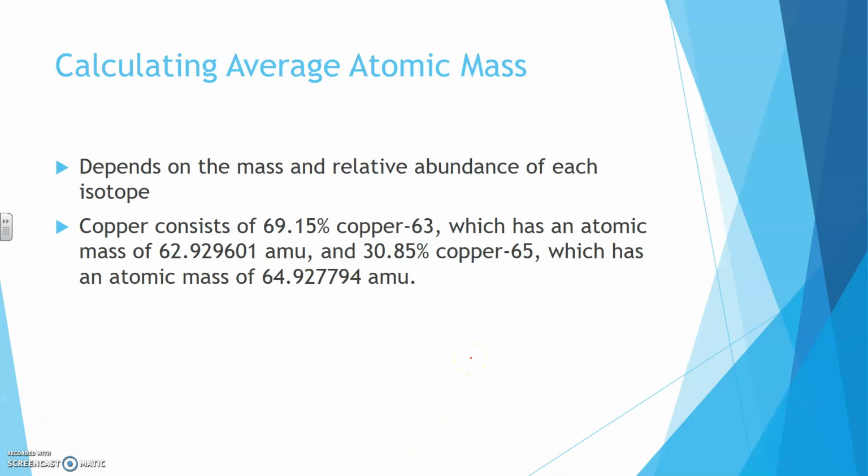Okay, so first thing you want to do is take your percentages and you're going to turn them into decimals. So this is 0.6915 and this is 0.3085. Okay, and now you are going to take those decimals and multiply them by the atomic masses that they go with.